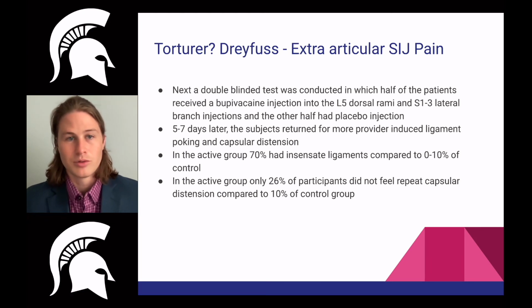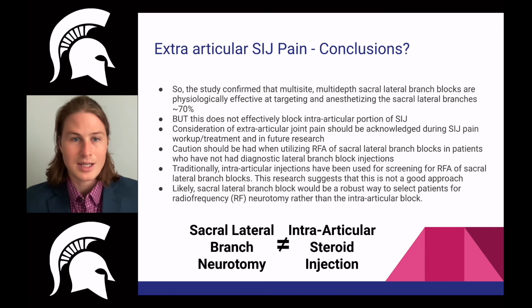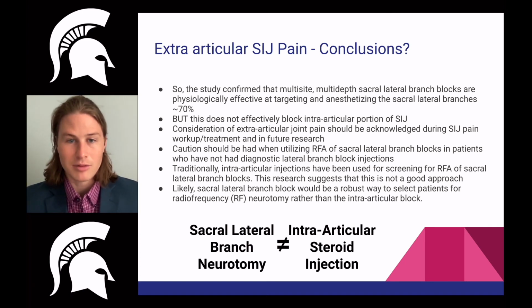And so this study pushes to make physiologic conclusions that the sacral lateral branches innervate the posterior sacroiliac ligament, but not necessarily contributing largely to the innervation of the SI joint.